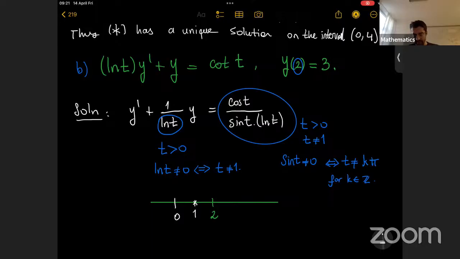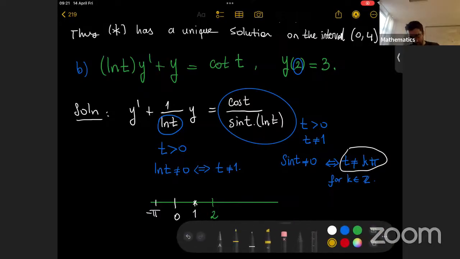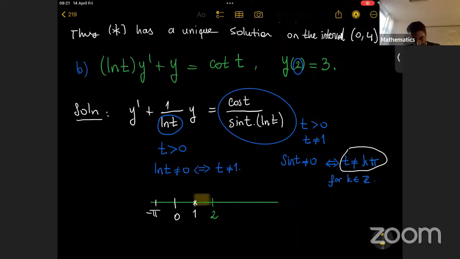T cannot be k times pi from here. K times pi means we have 0, pi, 2 pi, or negative of those values. So minus pi is here, for instance. That doesn't make a problem because we cannot go even further than 1 to the left, okay? So to the left, we can move that much.